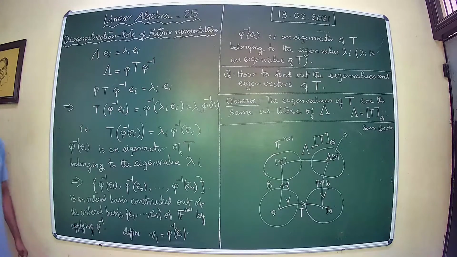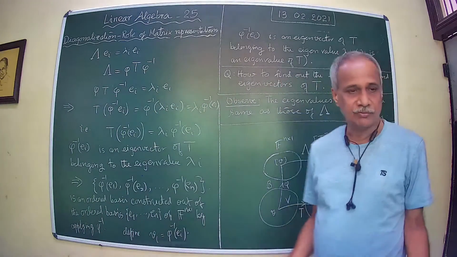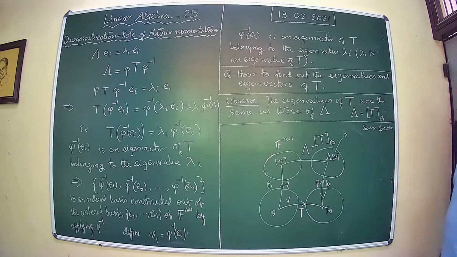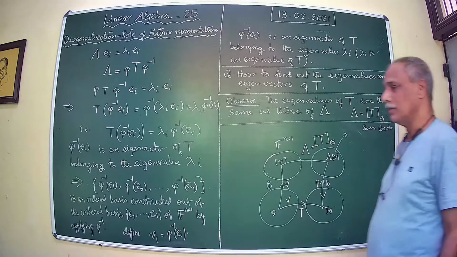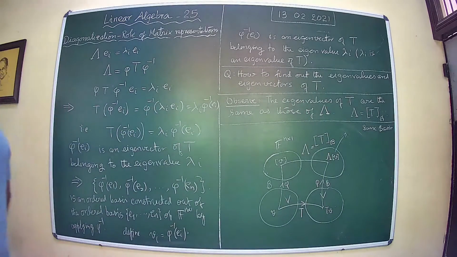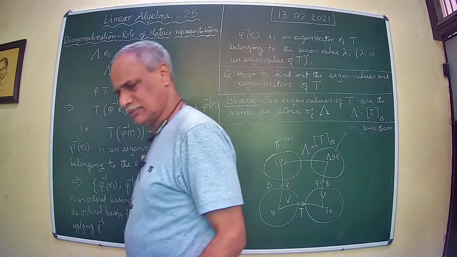Now let us go one step forward. We make an observation that suppose B1 prime, B2 prime, B prime is an ordered basis, some ordered basis.